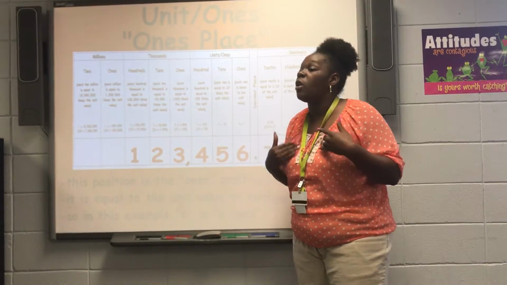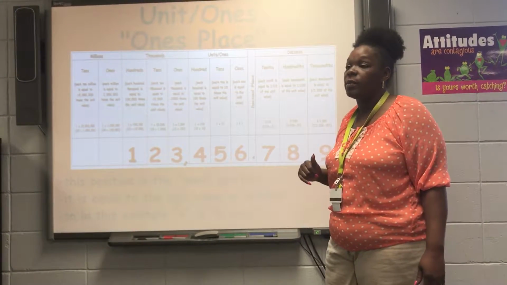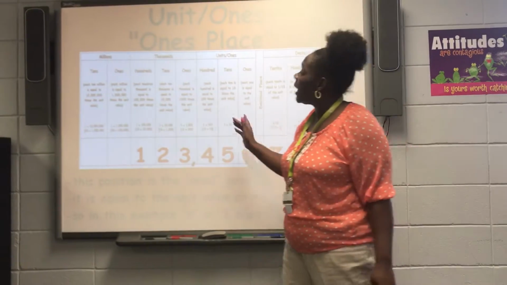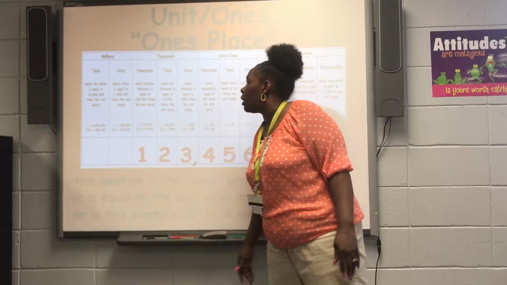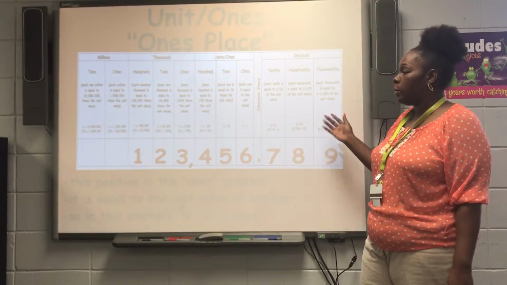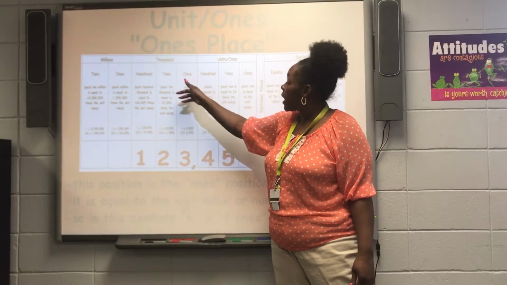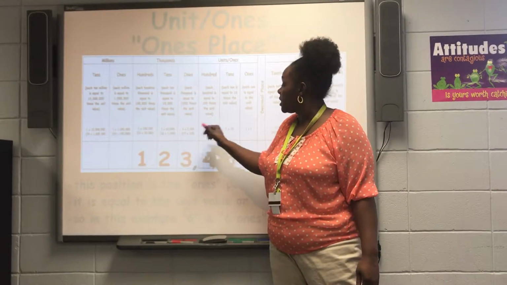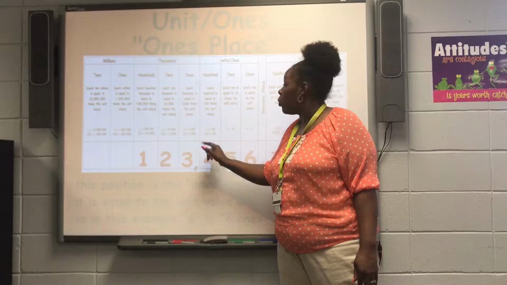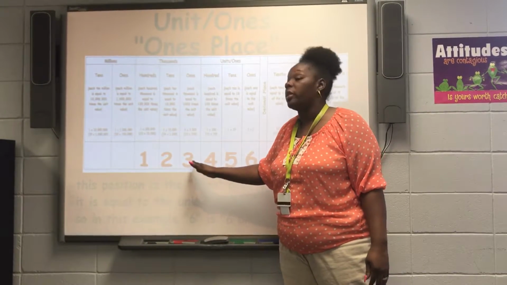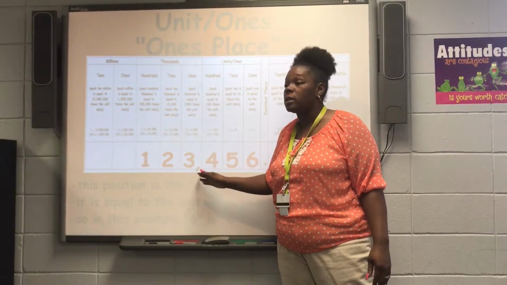So that lets us know we have how many hundreds? 4 hundreds. Good job. And if we go on down the place value chart, we will be able to say that the thousands is 10 times 100, which gives us that this position is worth 1,000. So that means we have 3,000.